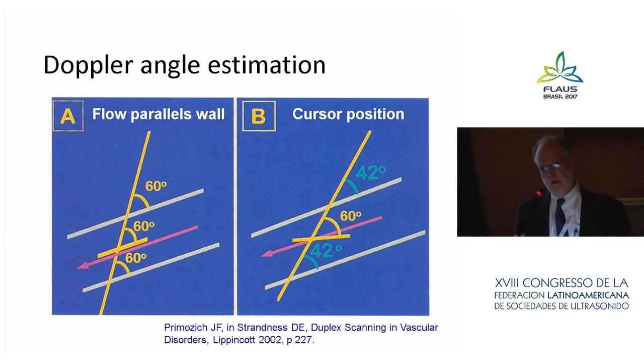And again, when you try to line up the cursor with the wall of the artery, this is just an illustration of how you can be off in one dimension. But remember, we're looking at a three-dimensional structure. So frequently, we're off in that z-axis that you can't actually see with your two-dimensional duplex image.